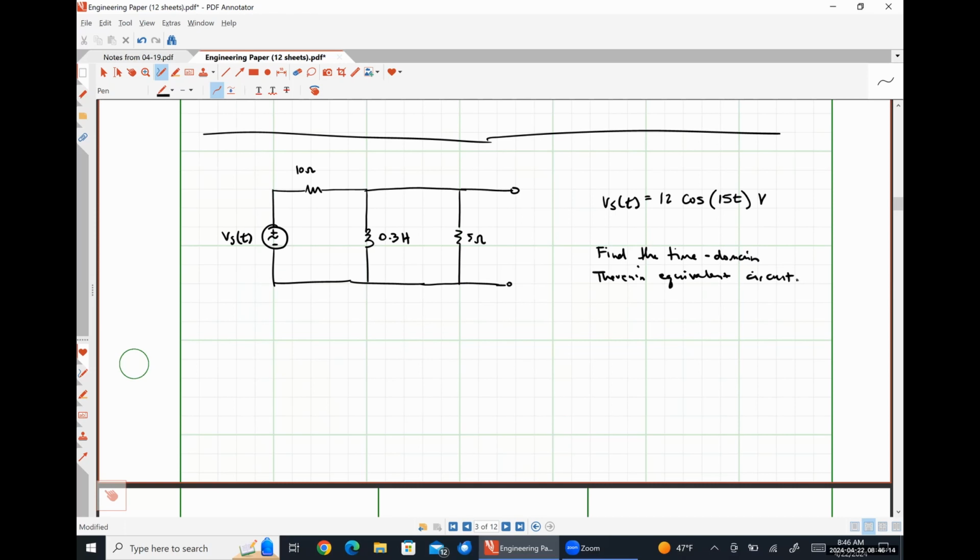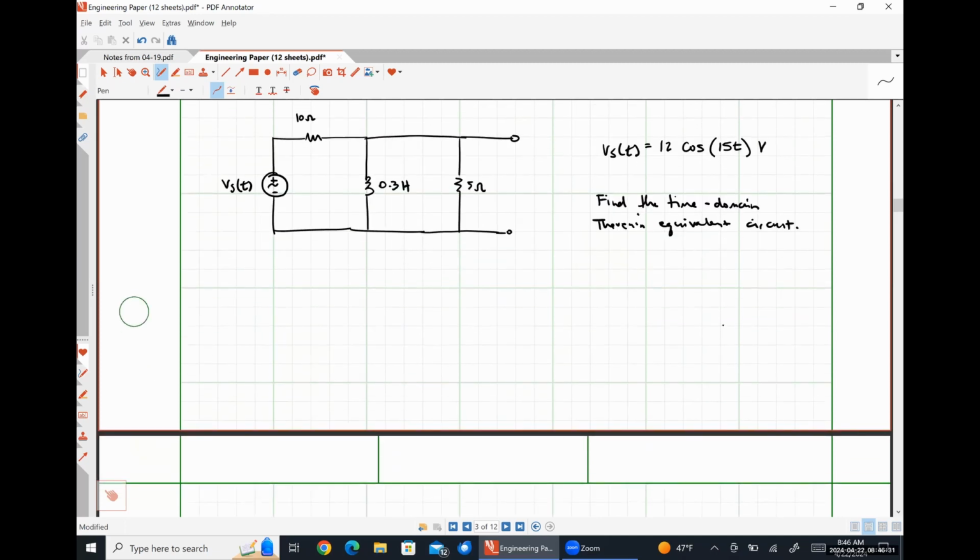So what do you guys think a time domain Thevenin equivalent circuit might look like, given your prior understanding of Thevenin equivalent circuits? A Thevenin equivalent circuit, by definition, will be a Thevenin voltage.